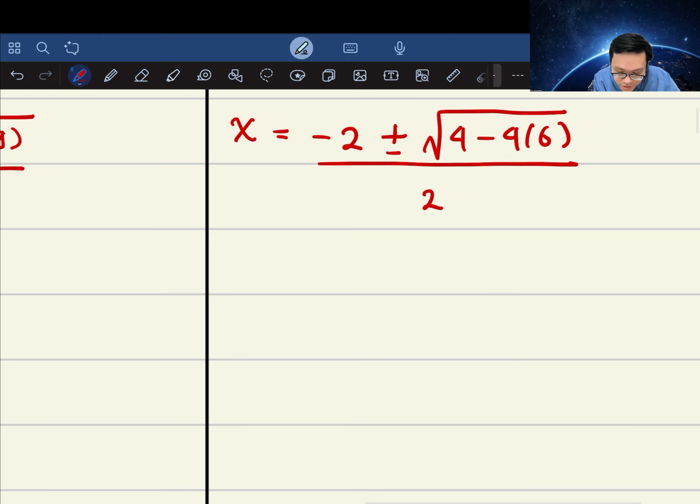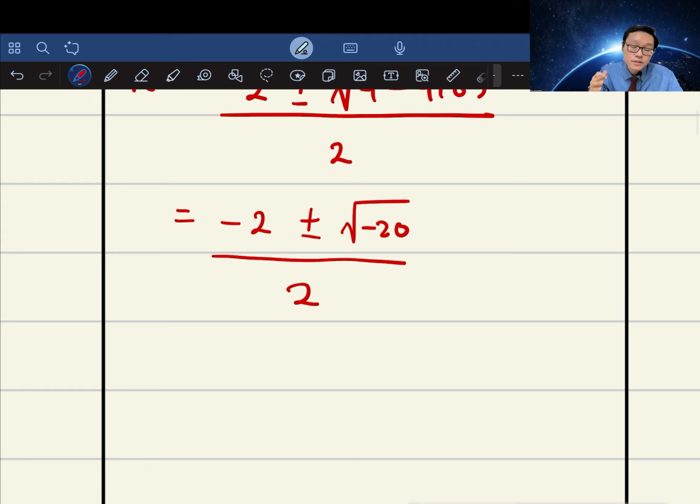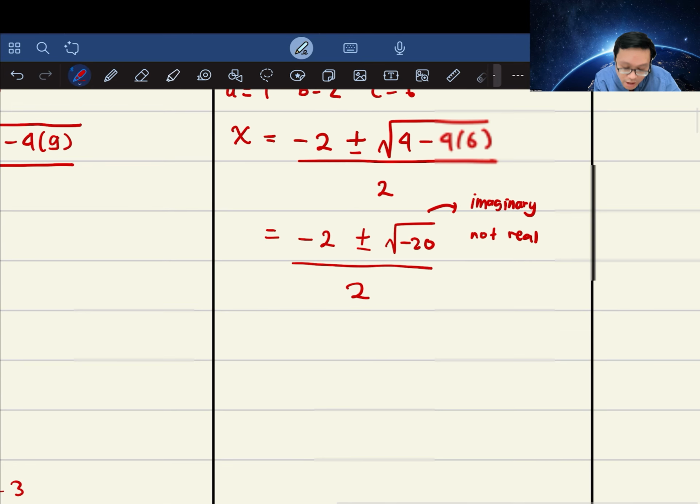For this case, you get the square root of a negative value, which is minus 20 over 2. Now, we know that the square root of a negative number is not real. This is called an imaginary number. So that means for this quadratic equation, there is no real solution, or we call it no real root.